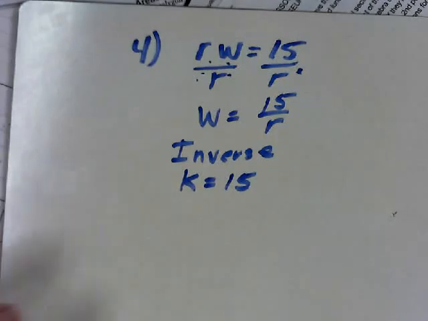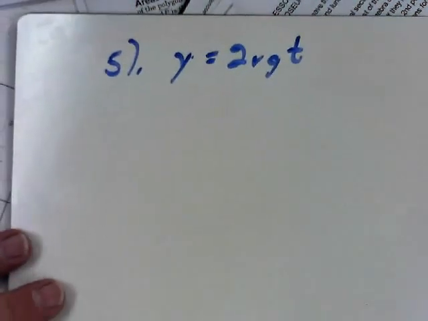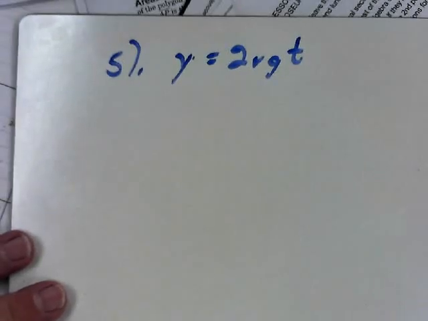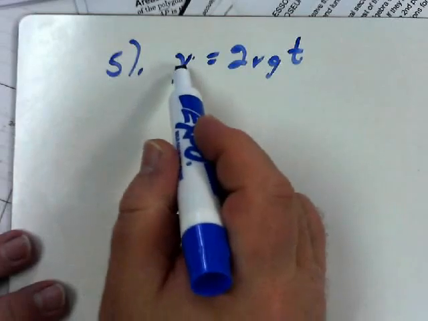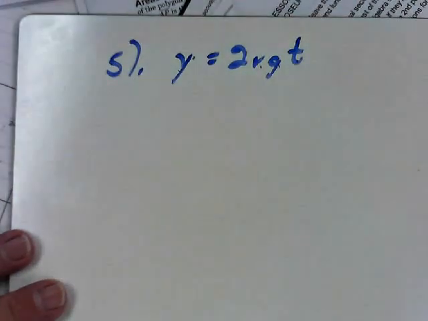So let's go with number 5. Y equals 2RGT. How many things am I comparing? Actually, I'm comparing 4: the Y, the R, the G, and the T. So if I'm comparing more than 2, what's it going to be?